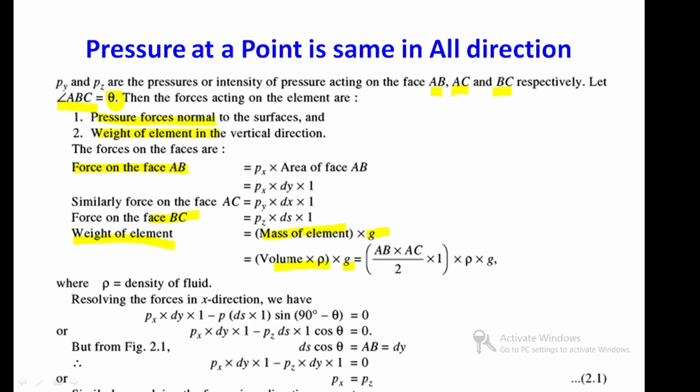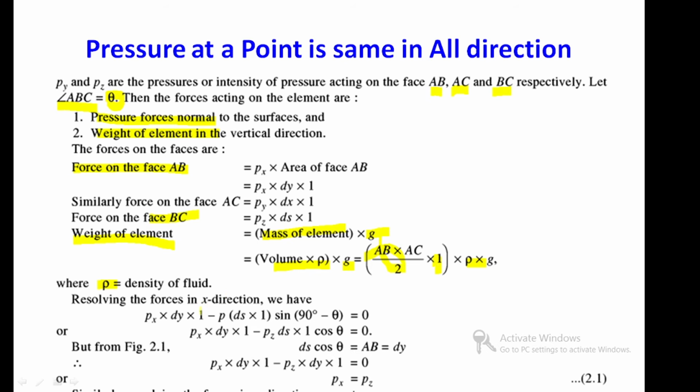The weight is volume into rho into g. The volume is half into b into h, so half into AB into AC into 1, into rho g, where rho is the density of the fluid.